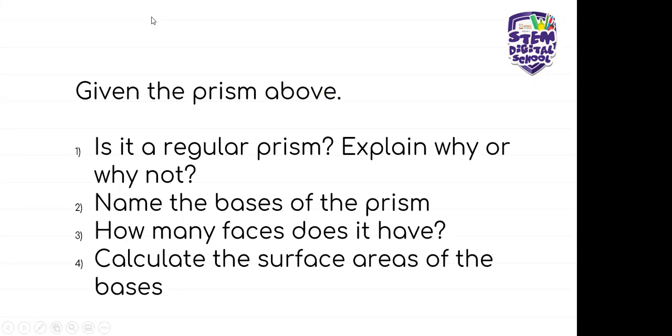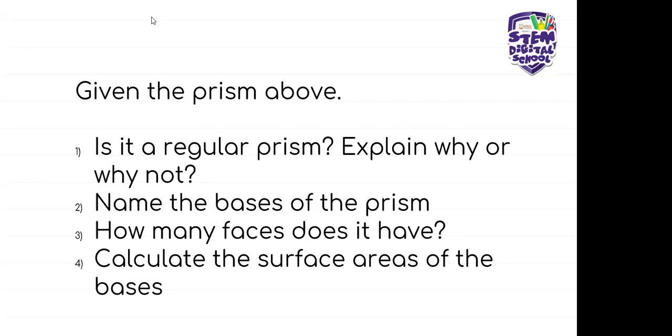I see Natalie together with Onke Lesedi, together with Musa. You are quite active in the group chat. Now, can you tell us what is the name of the bases of the prism found in the triangular prism? What are the names?